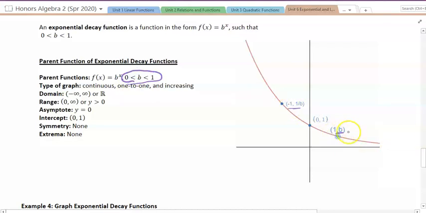It's still 1 comma b, but now my b is smaller than 1, so it's going to be closer to the x-axis. Everything else down the list stays the same. Our asymptote's still at y equals 0, the x-axis coming across here. Our intercept's still at 0, 1. There's no symmetry, there's no extrema. Our range is still y is greater than 0.